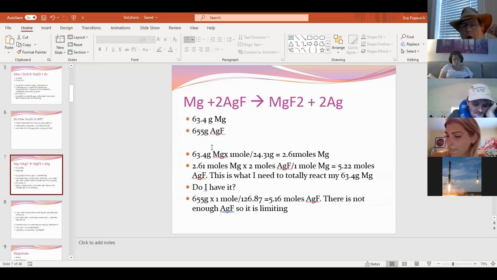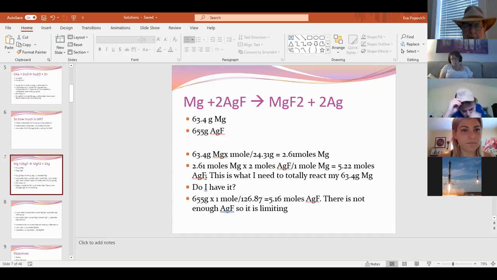Now, Katie, I got my 2.61 moles of magnesium. What is the molar ratio between silver fluoride and magnesium? 2 to 1. So how many moles of silver fluoride am I going to need? 5.22.